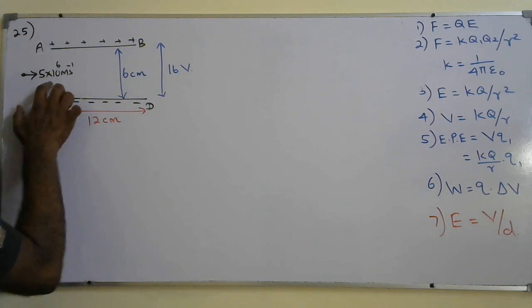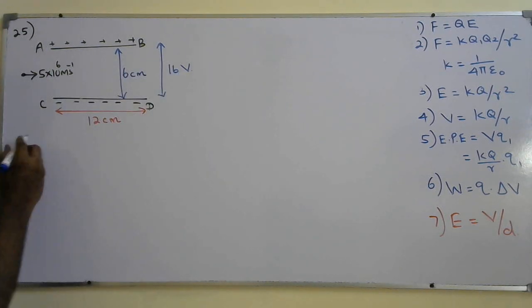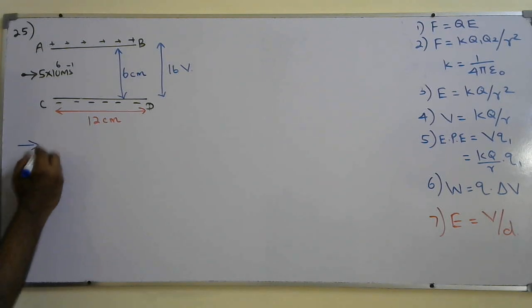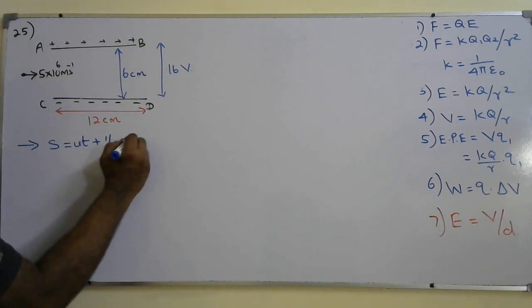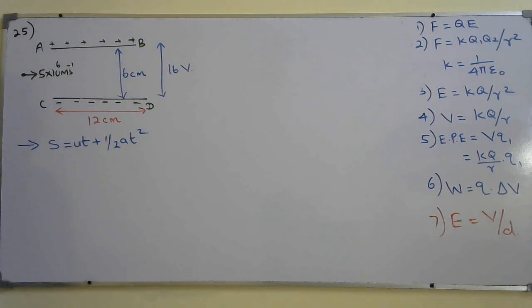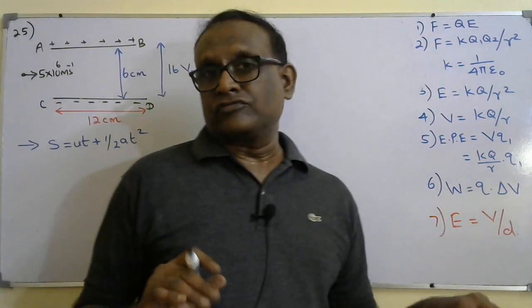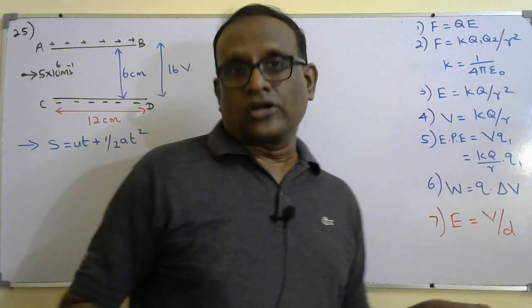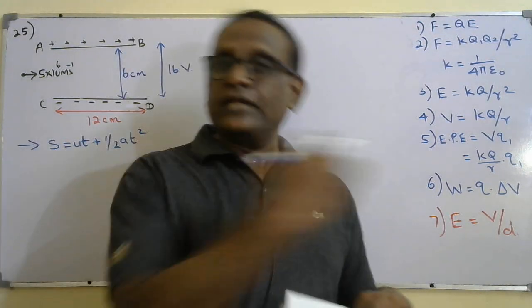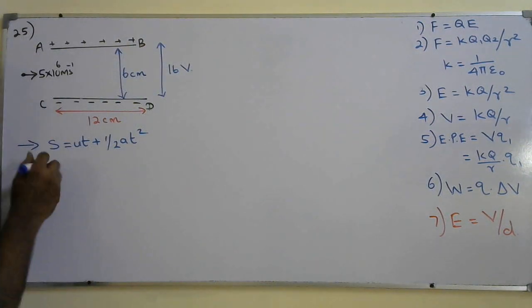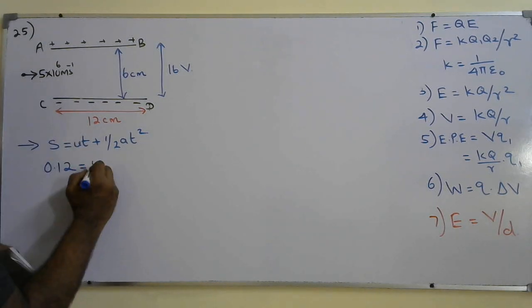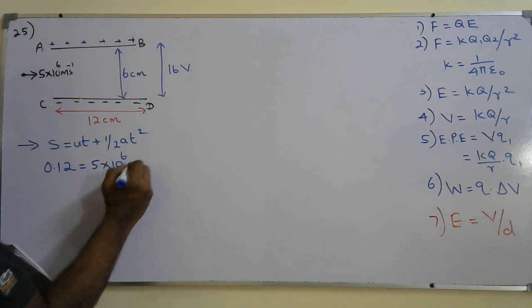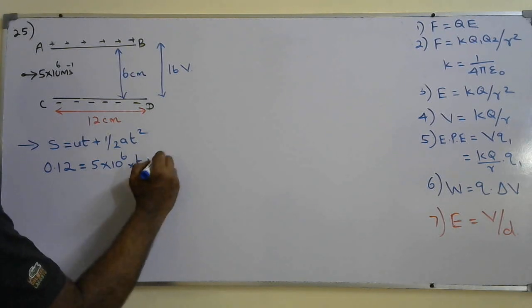There is no electric field parallel to the plane of the plate, so there is no acceleration. So we'll use s = ut + half at squared parallel to the plane of the plates. In this diagram it is the horizontal direction, because the plates are kept in a horizontal plane. So s is 0.12, the initial speed is 5 × 10^6 meters per second, times t.